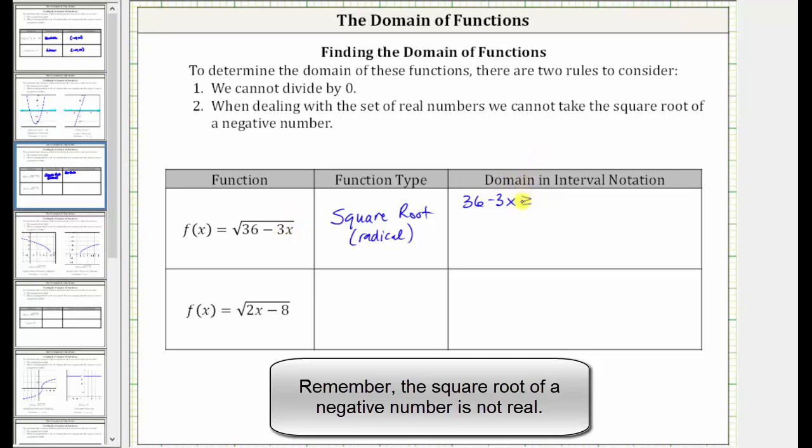If 36 minus 3x is greater than or equal to 0, it will be non-negative and the square root will be real. And now to solve the inequality, we subtract 36 on both sides to isolate the variable term, which gives us negative 3x greater than or equal to negative 36.